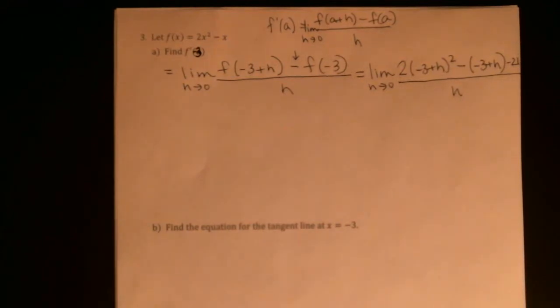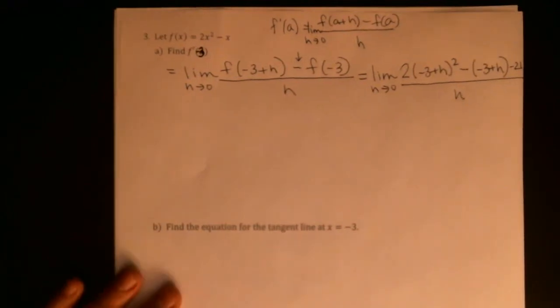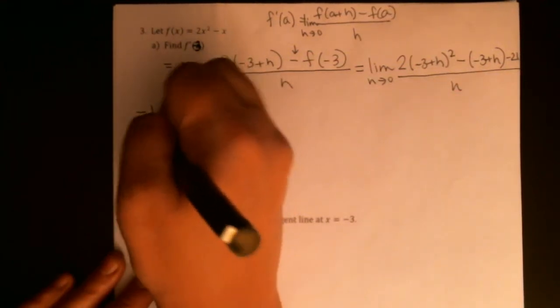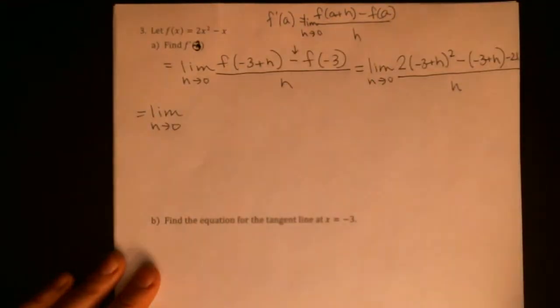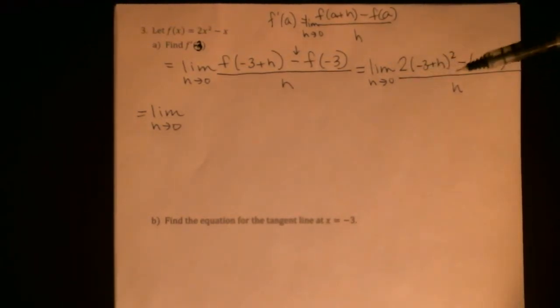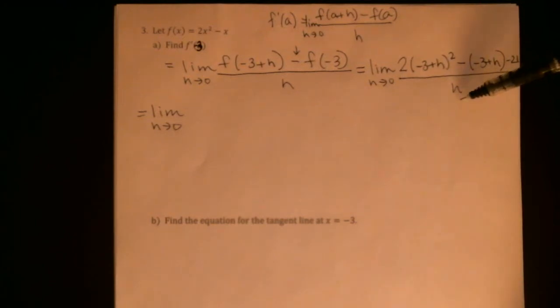Okay, so now I've actually plugged all the stuff into my function. And in fact, before I even get too far ahead of myself, I'd like to take the limit as h goes to 0. So if I check this out, I'm going to have to do some algebraic simplification. h goes to 0 gives me an obvious problem because there's an h in the bottom.